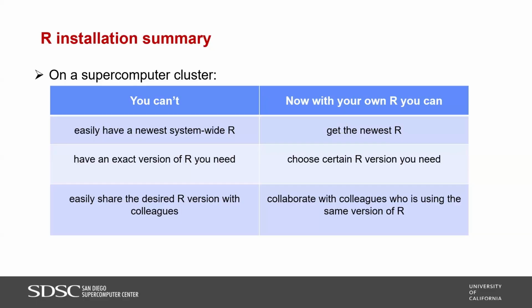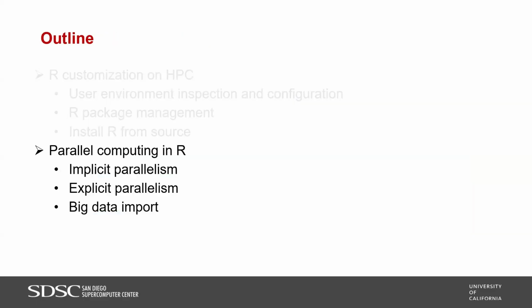And you can, of course, build R in a commonly shared location, like your project directory, and share that R and its libraries with your colleagues, and you can be the manager of your R. Okay, that's the first part, where we have talked about how to customize your R on HPC.